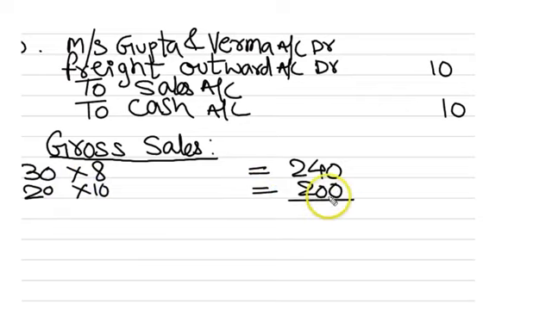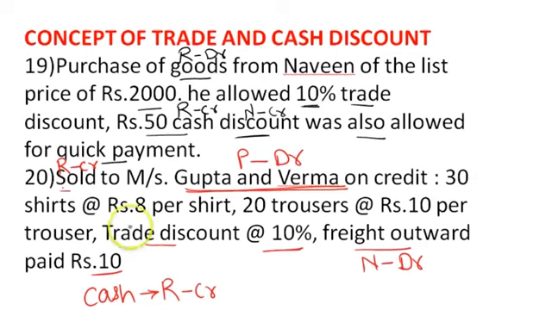I need to add these, and this comes to 440. This is the total gross sales. And a trade discount of 10% is allowed.